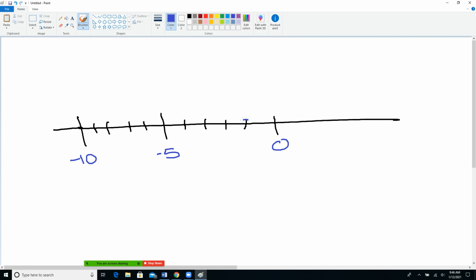And we'll say your graph looks like this. So your x value is going to be, this would be -7, -1.